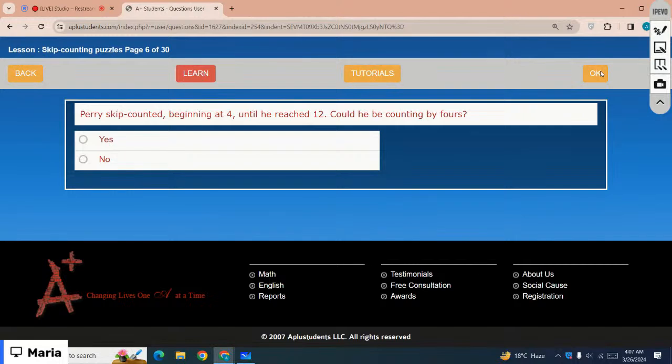Perry skip counted beginning at 4 until he reached 12. Could he be counting by fours, which is the correct option?